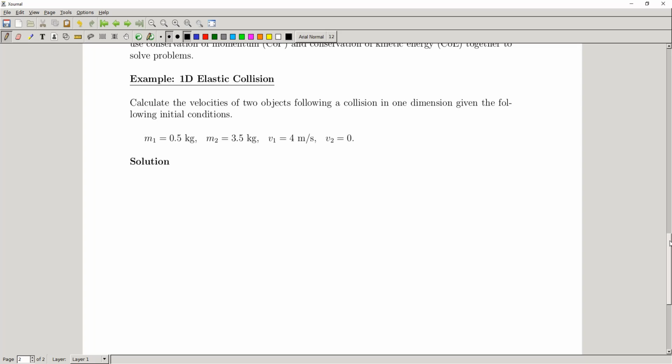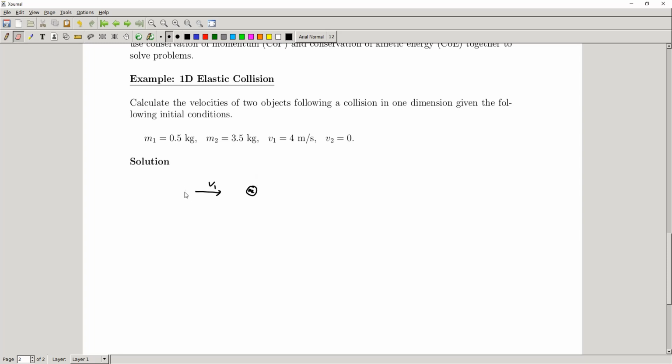Okay, so what do we have here? We're trying to calculate the velocity of two objects following a collision in one dimension, given the following initial conditions. Maybe I'll draw out the problem here. It doesn't really matter what these are. We can imagine these are balls or whatever. We have some mass m1 with some initial velocity v1, and it is going to hit this mass m2.